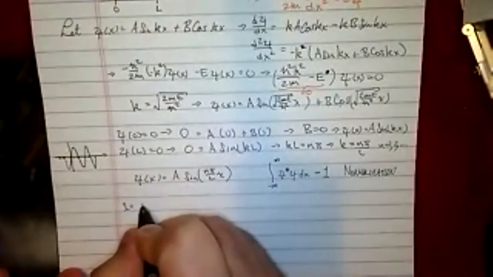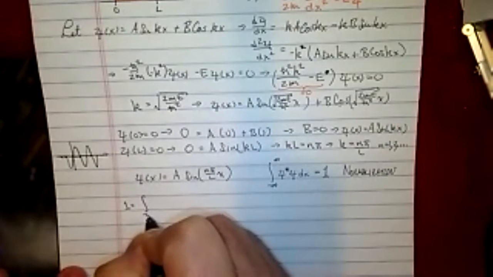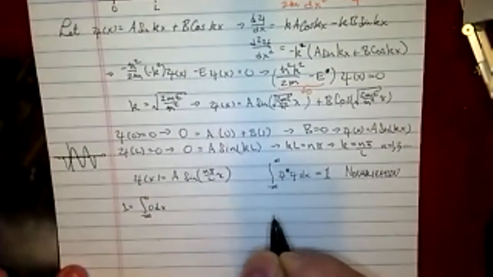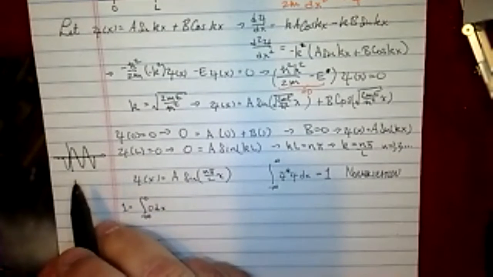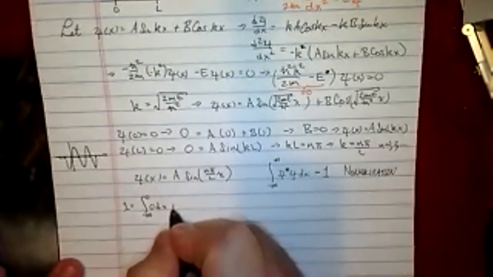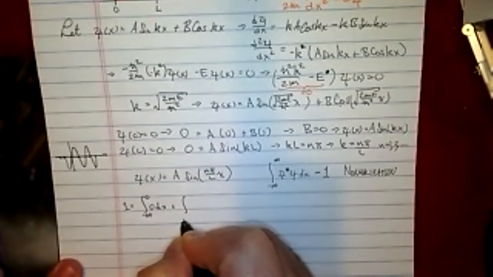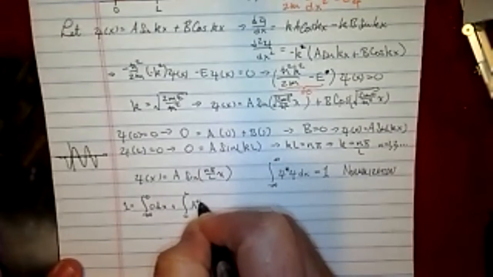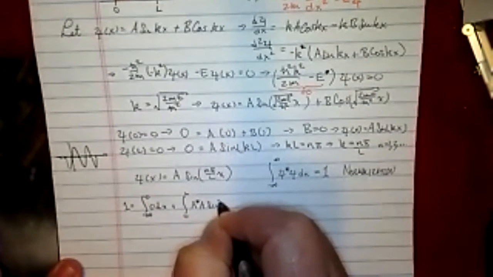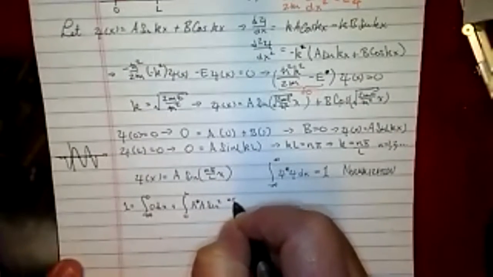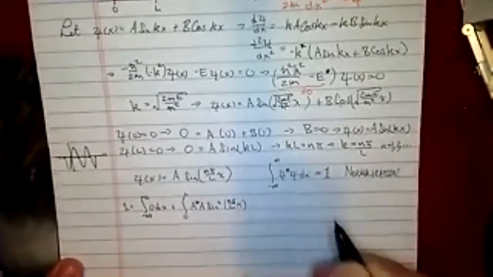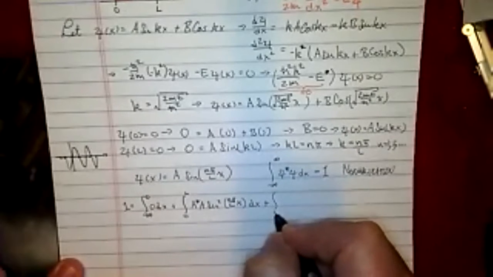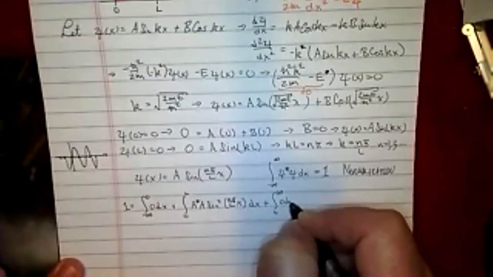1 has got to equal the integral from negative infinity up to 0 of 0 dx, because the wave function really is 0 from negative infinity up to 0, plus the integral from 0 to L of A star A sine squared n pi over L times x dx, plus the integral from L to infinity of 0 dx.